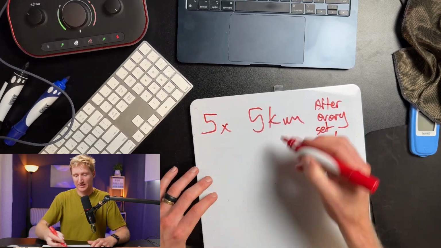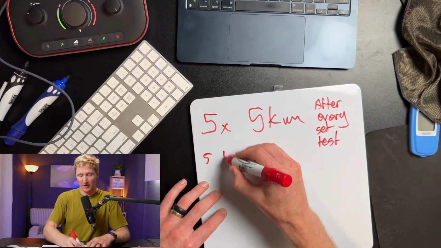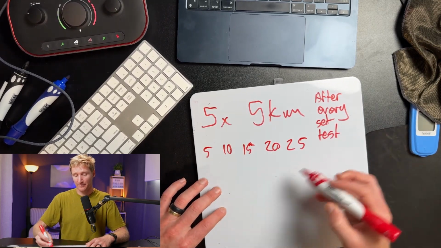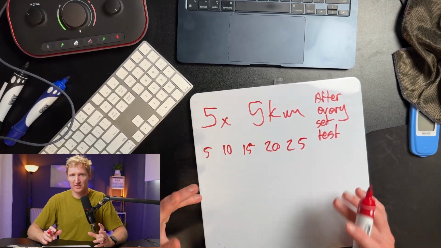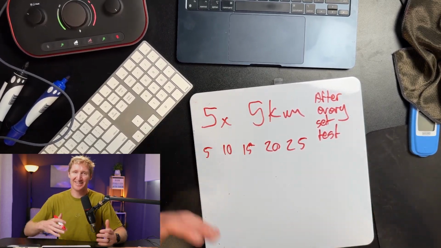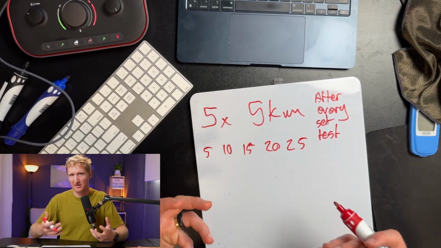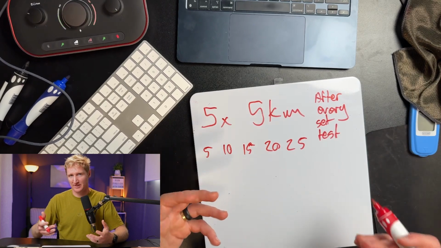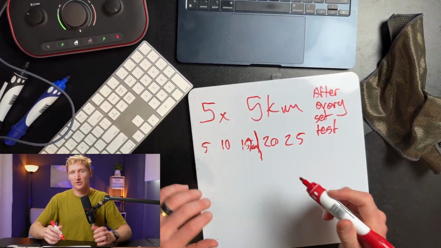At any point in these 5 by 5Ks, so we're looking at 5, 10, 15, 20, 25, is there a potential decoupling that shows that my rate of fatigue is such that my muscles are fatiguing and needing to engage a deeper muscle or motor unit that is not as aerobically fit? It's more anaerobically dependent.